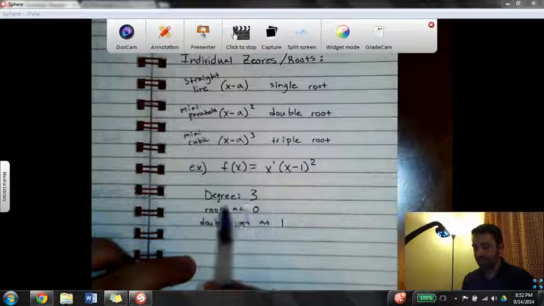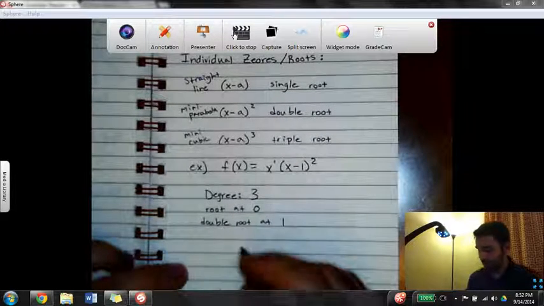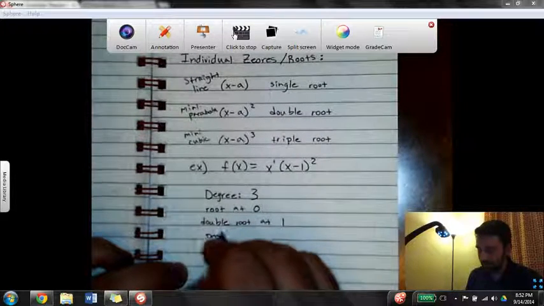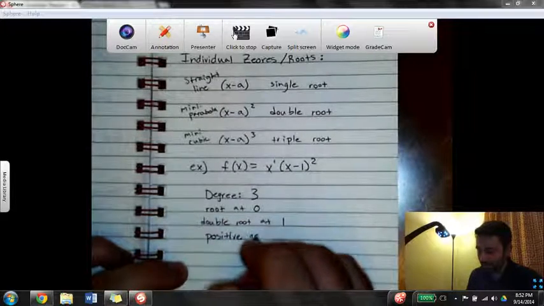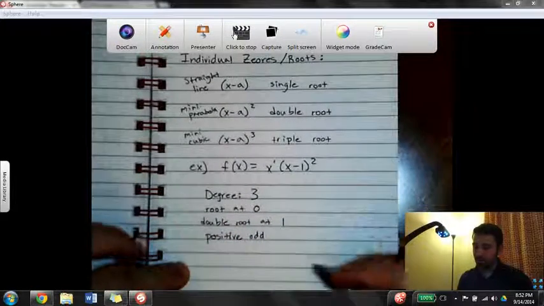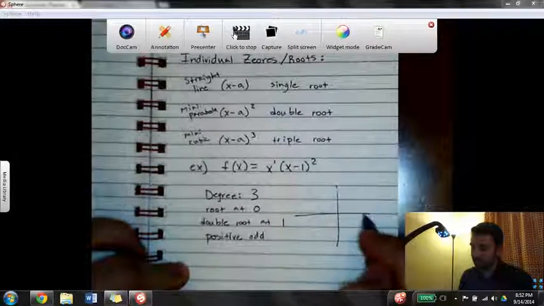And since we have a degree of 3, we know that we'll have a positive odd polynomial when we graph it. So let's look at the sketch of this graph.